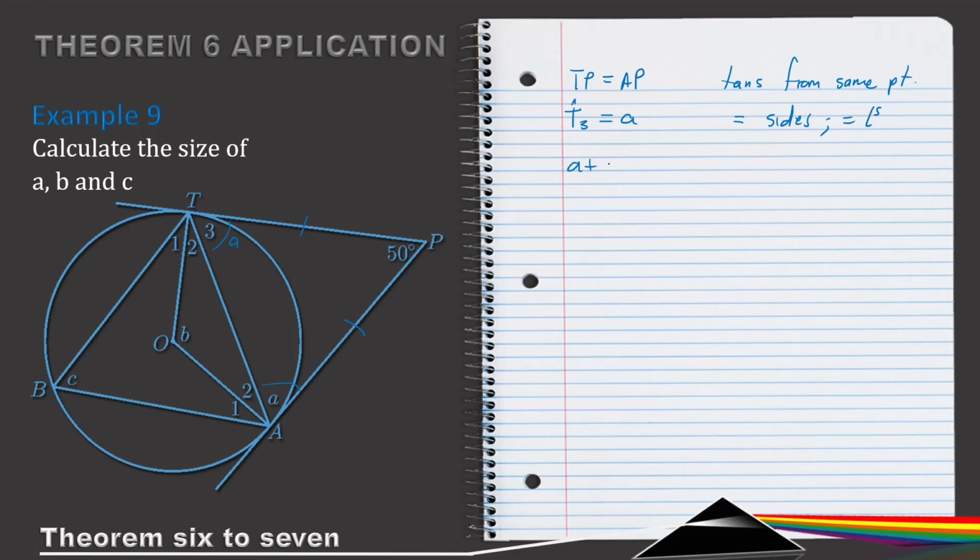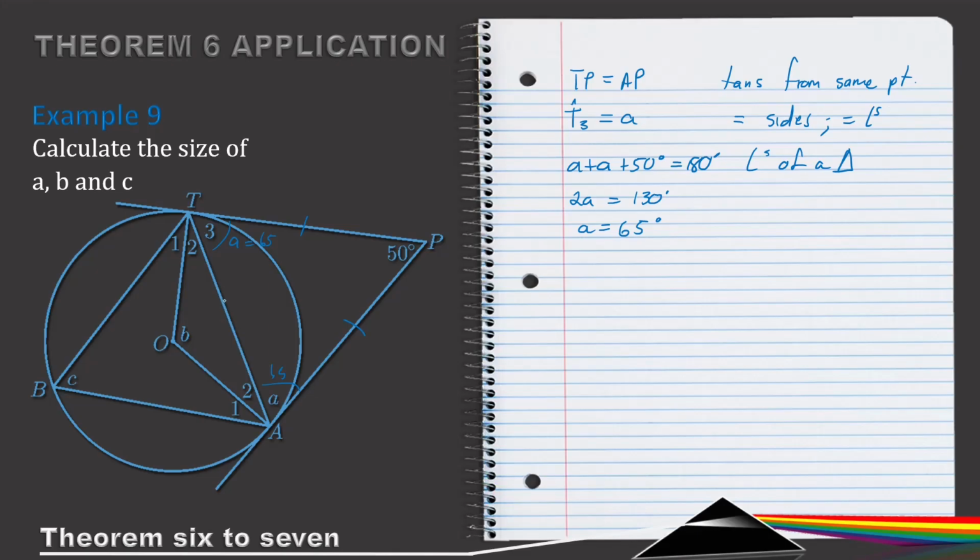So a plus a plus 50 add up to 180, where we have angles of a triangle, and solve for a. So 2a, and then take the 50 over to the other side, would give us 130. So 180 minus 50. Then divide both sides by 2, so a will then be 65 degrees. Okay, so we've got 65, 65.